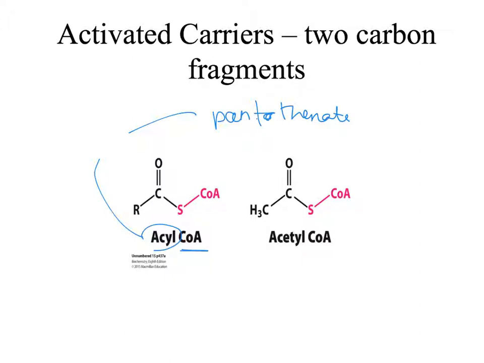On this particular structure, the reactive site that we're looking at is the sulfhydryl group that's present, and it's highlighted here. When the acyl group is acetyl, this is acetyl-CoA. And acetyl-CoA is a substance that we are going to see used in other processes.